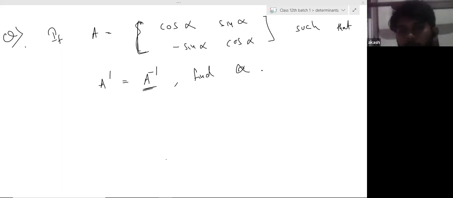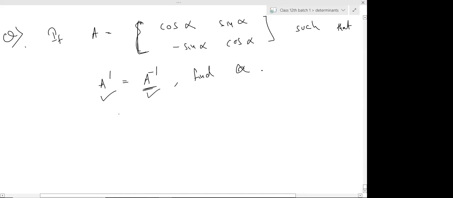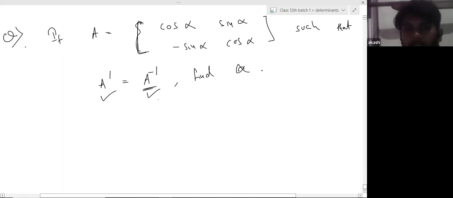One way to solve this question is to find A transpose, then A inverse, and A square. The other way is to multiply A on both sides.